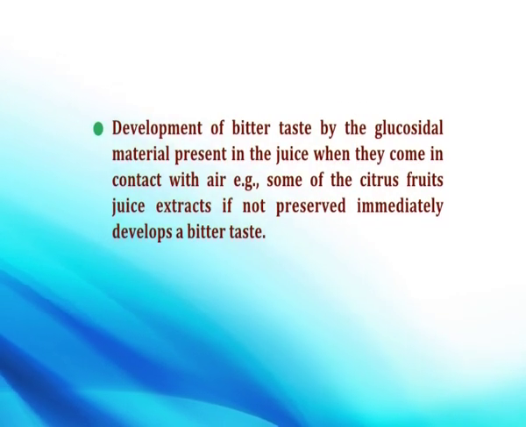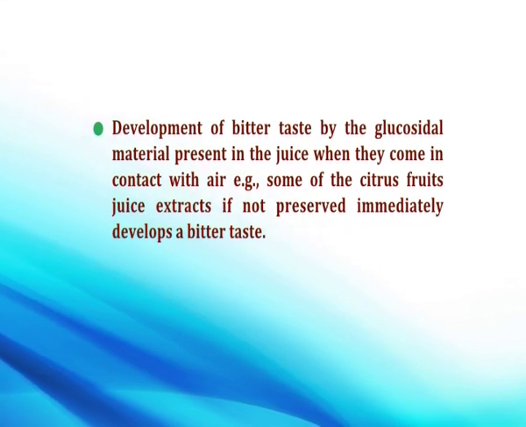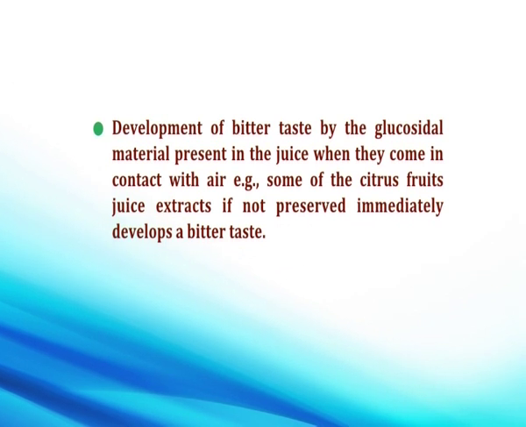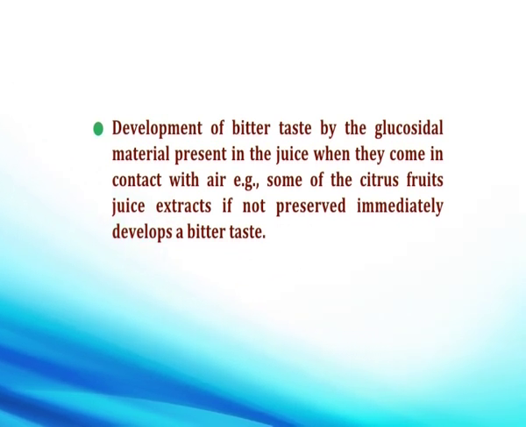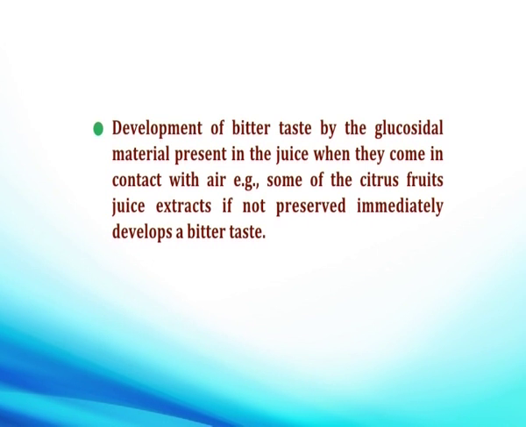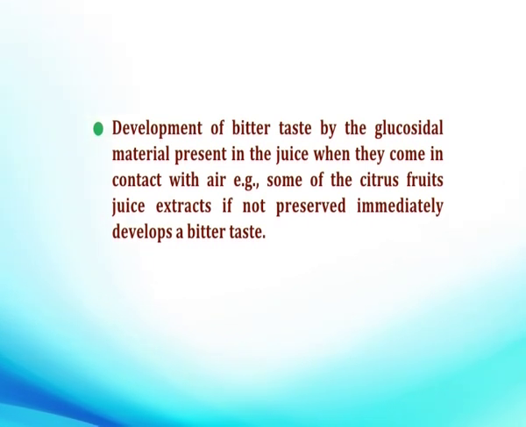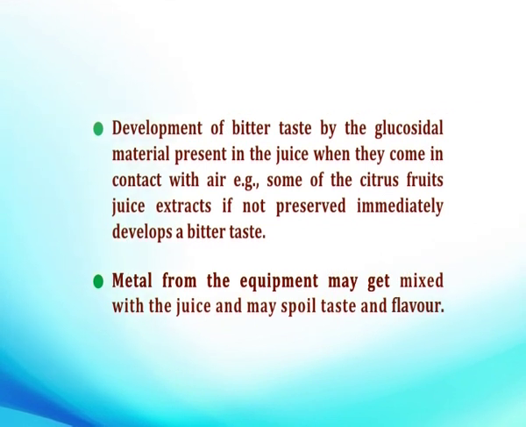Development of bitter taste by the glucosidyl material present in the juice when they come in contact with air. Example, some of the citrus fruit juice extracts, if not preserved immediately, develop a bitter taste. Metal from the equipment may get mixed with the juice and may spoil taste and flavor.